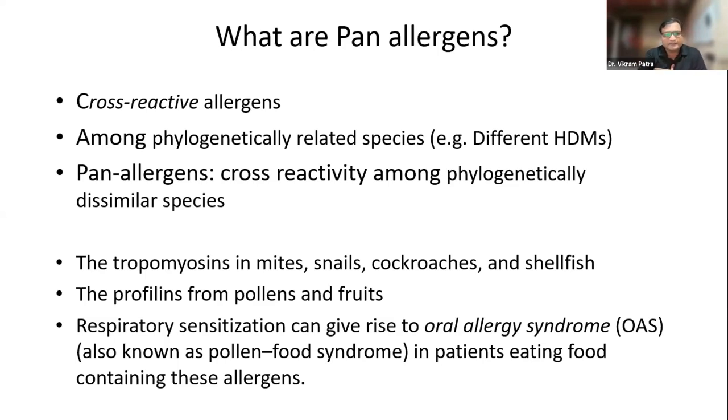When I talk about the pollens, profilins cross react with dissimilar species like pollens and fruits. They will have similarity between the grasses as well as the fruits. So respiratory sensitization can give rise to oral allergy syndrome for these pan allergens in patients eating food containing these allergens.